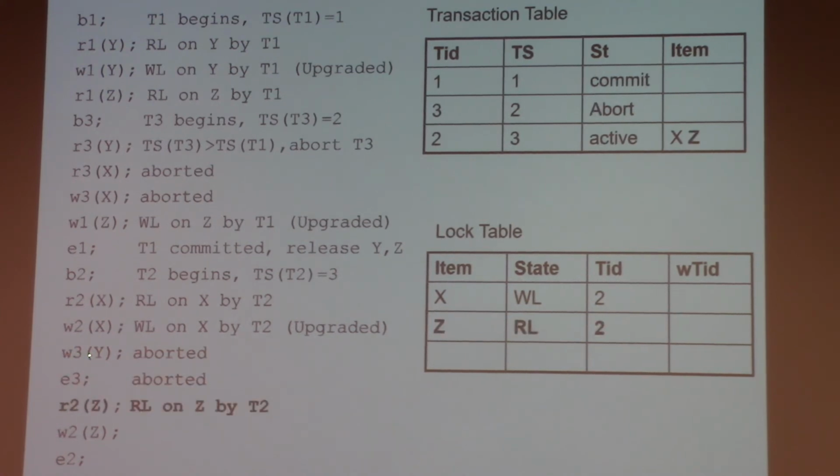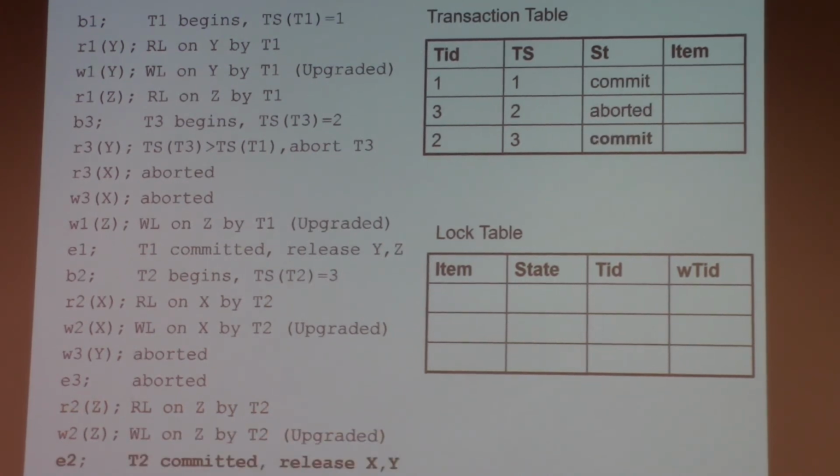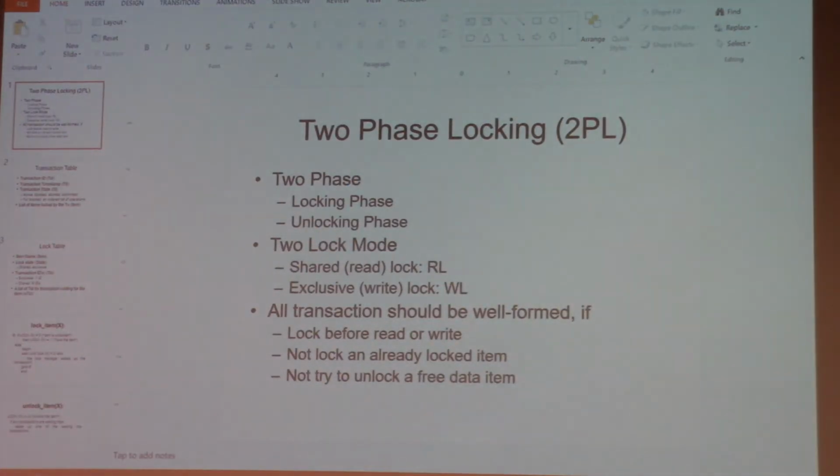But transaction 3 is already aborted, so you don't have to process it. And so we can manage concurrency using two-phase locking with the wait-die algorithm. This is one of the examples of two-phase locking that we did last time. Okay, so that's the end of the lecture.